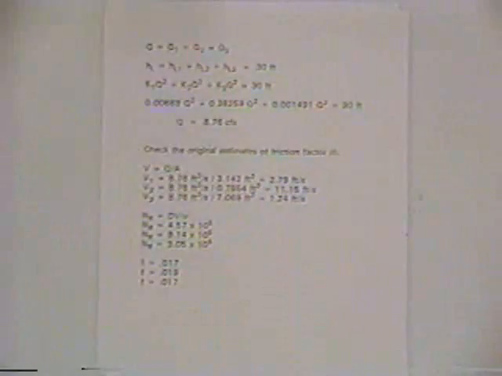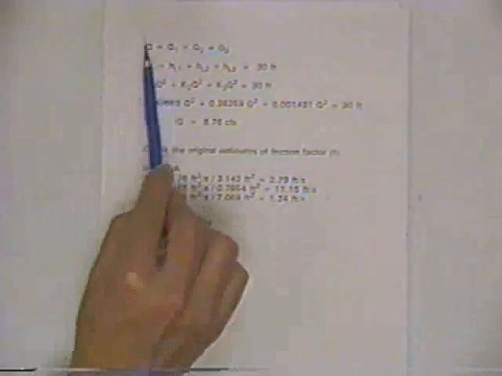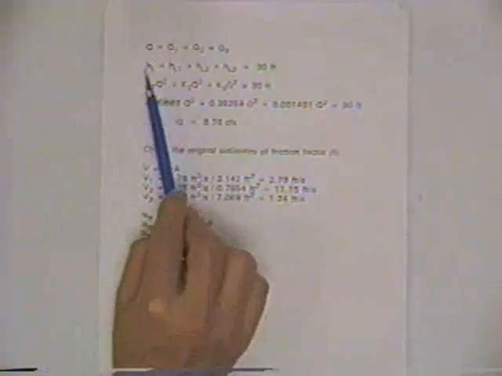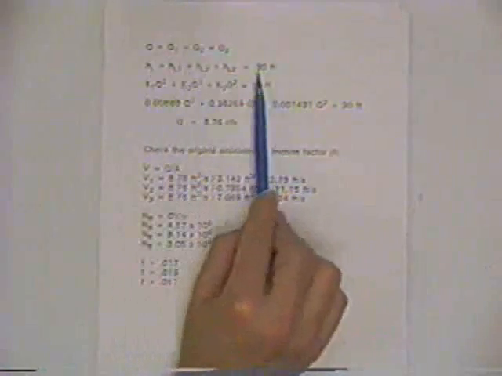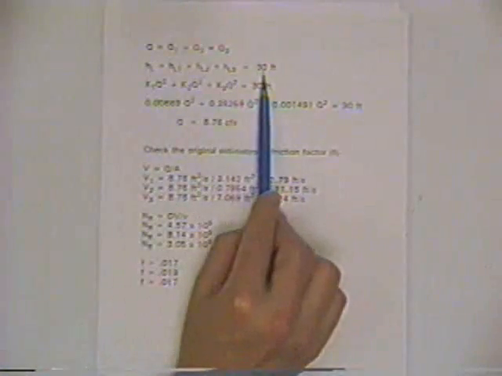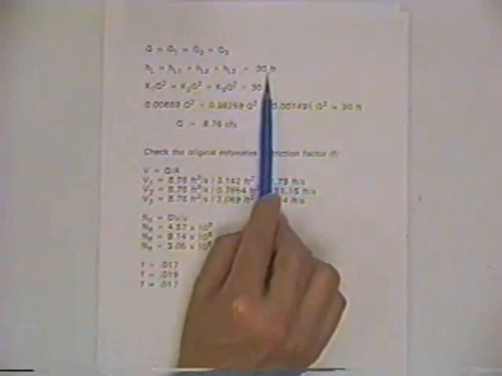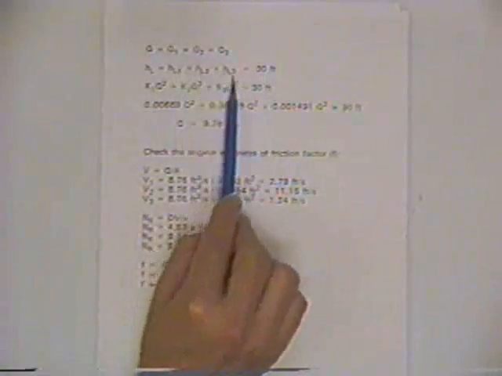Given those numbers for the Ks, we can plug into these basic relationships. We recognize that the total Q we're trying to compute is equal to the Q in each of the three pipes. We also recognize that the total head loss, which we know is the 30 feet difference in water surface elevations between the two reservoirs, is equal to the sum of the head losses in the three pipes.